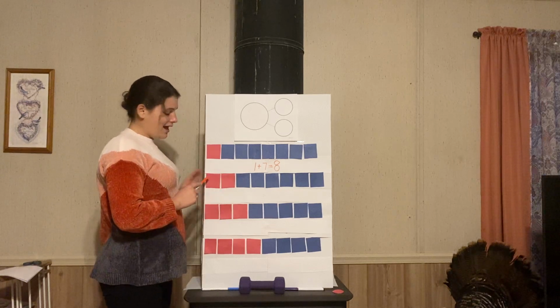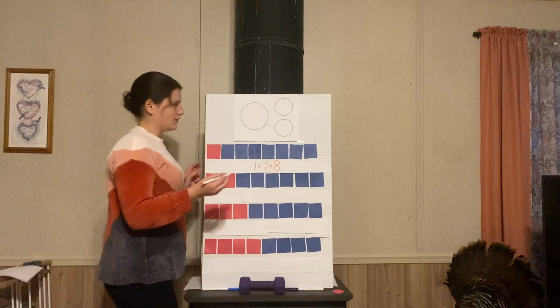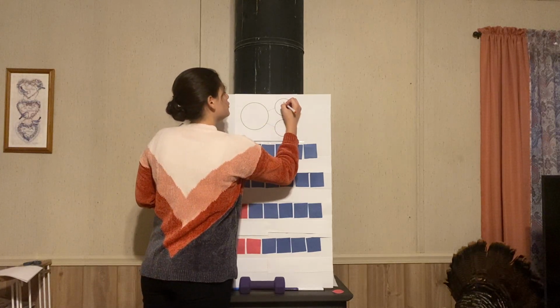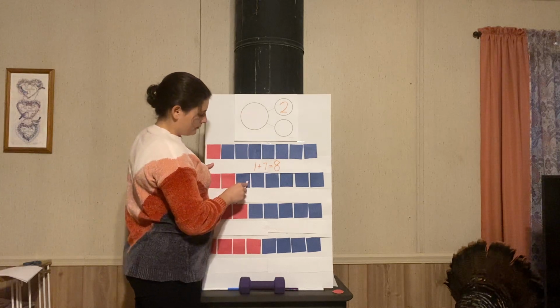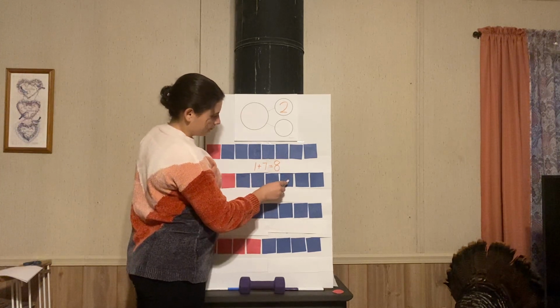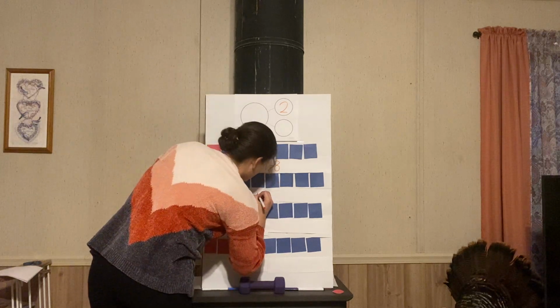So now we have 2 red blocks, okay? So let's write that up here. We have 2 red blocks. And how many of these? Let's count. 1, 2, 3, 4, 5, 6. We have 6 blue blocks.